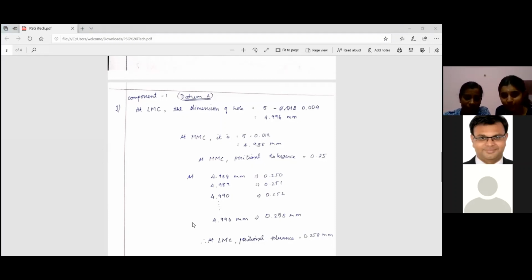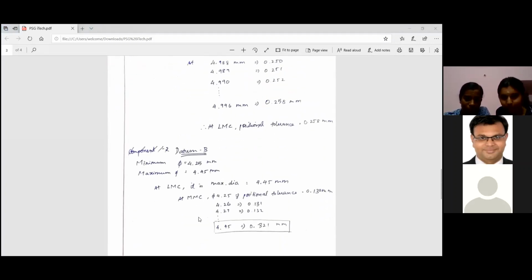Yes, sir. And in datum B, you're following the same approach here also. Yes, sir. So what is the tolerance you have taken here? They have given the limit tolerance itself, sir. They have given the two limit values in the dimensioning, 4.25 and 4.45. It's given in the drawing, sir.